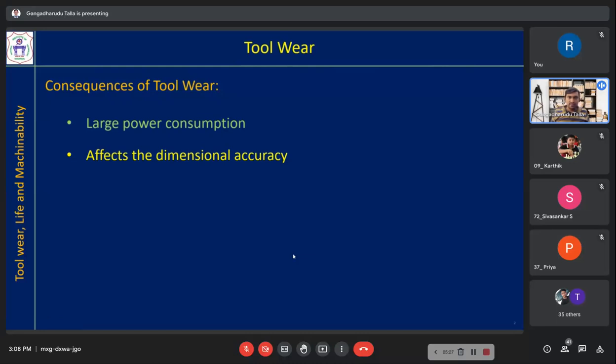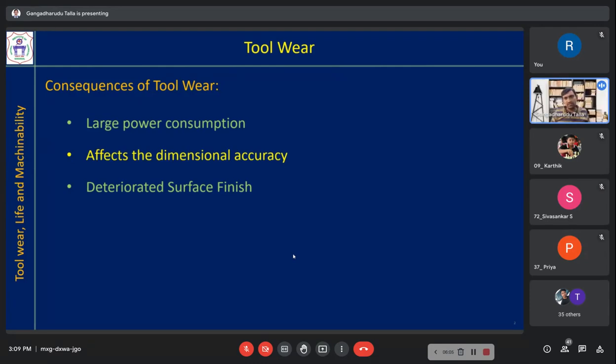Second, it affects the dimensional accuracy. If your tool has become blunt, you will not get the exact dimensions that you intend for a component being cut. Another thing is deteriorated surface finish, because now the tool tip is no longer sharp, so material is not simply removed.